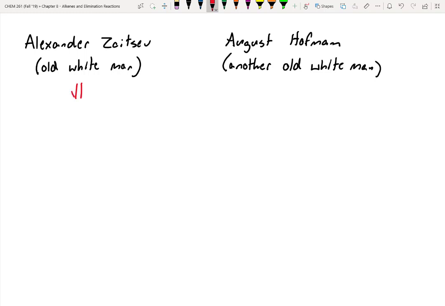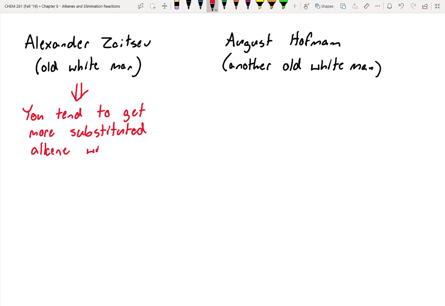And so Zaitsev primarily worked with small bases, and he was the one that noticed that you tend to get the more substituted alkene with small bases. Where August Hofmann found something else out, he said that if you use a big base, you get your less substituted alkene.